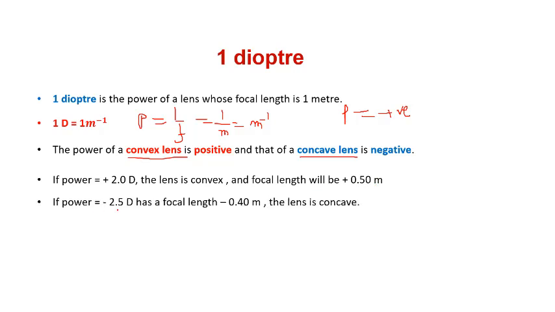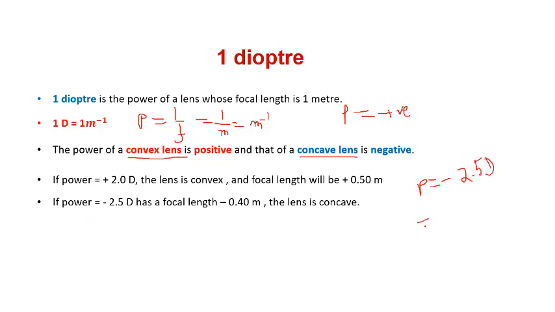If the power is minus 2.5 D, it has a focal length of minus 0.4 meter, and the lens is concave. How will you know it is concave? Obviously, power is given negative, minus 2.5.